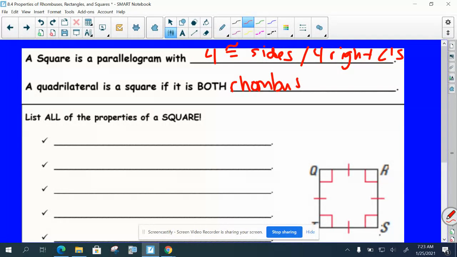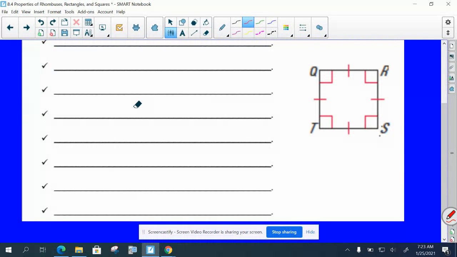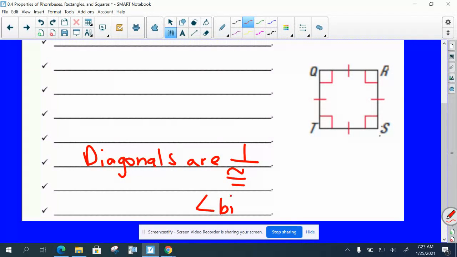So we've basically got all the same properties, plus the last 3 are that the diagonals are perpendicular, they are congruent, and they're also angle bisectors.